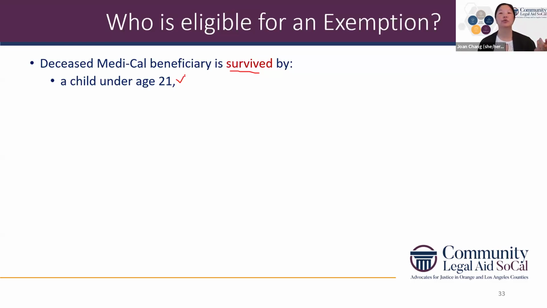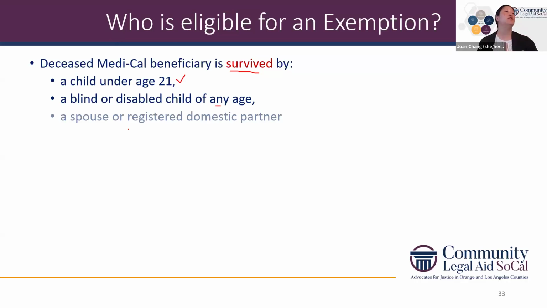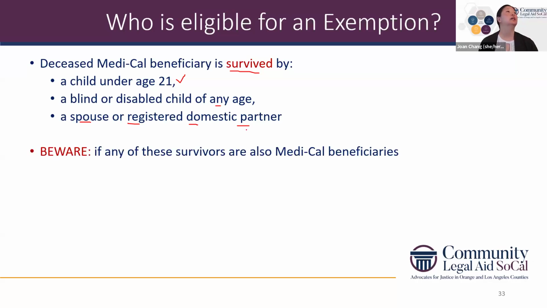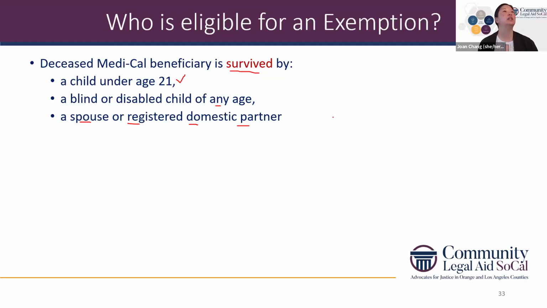Medi-Cal has this really great thing where, quote, children are considered age 20 and younger, so under the age of 21, or a blind or disabled child of any age, or if they're survived by a spouse or a registered domestic partner. So RDPs are also counted. If they are survived by any of these types of folks, then Medi-Cal Estate Recovery gets halted and stopped. So there is an exemption for these populations. Keep that in mind.